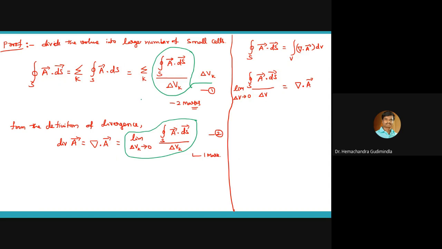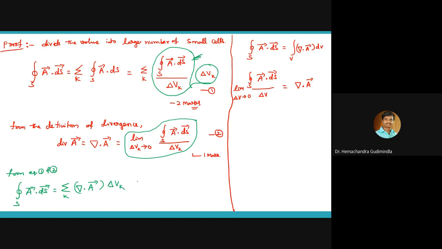So from equation 1 and 2, the integral over the closed surface of A bar dot dS bar equals sigma k, and instead of this, you write del dot A bar into delta v k.